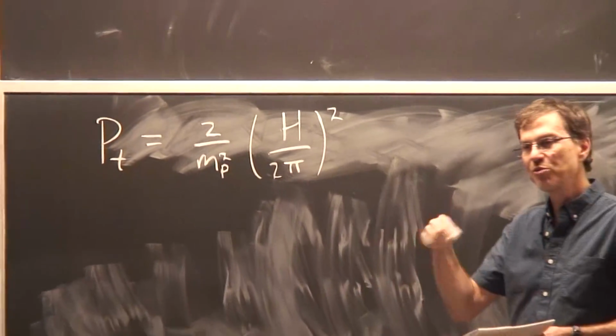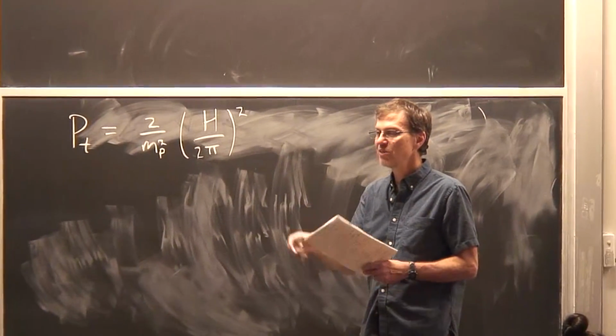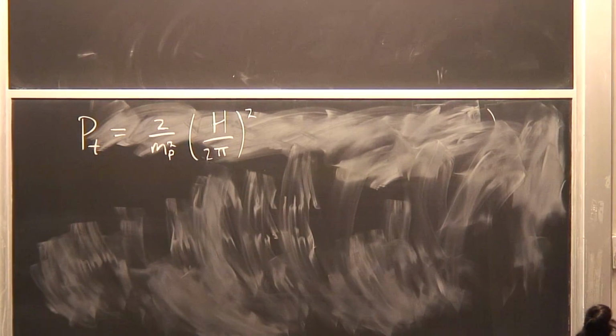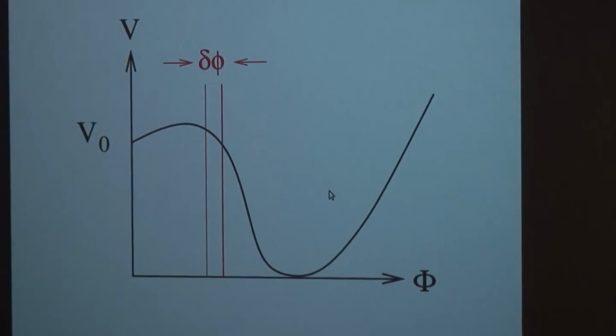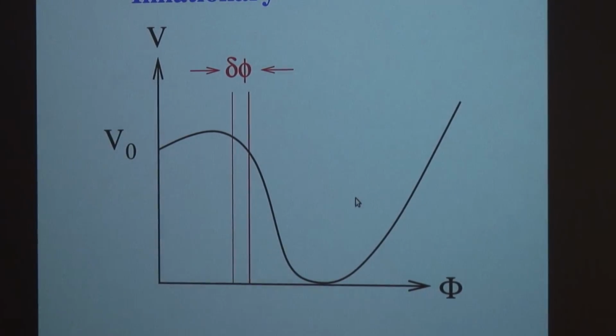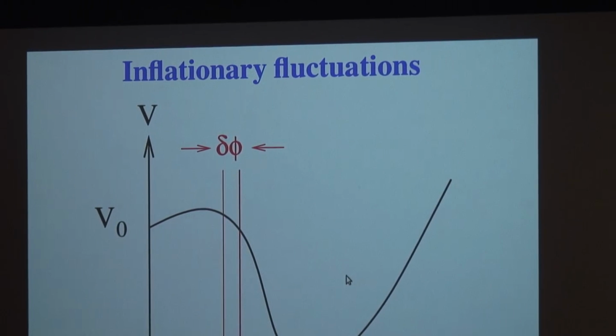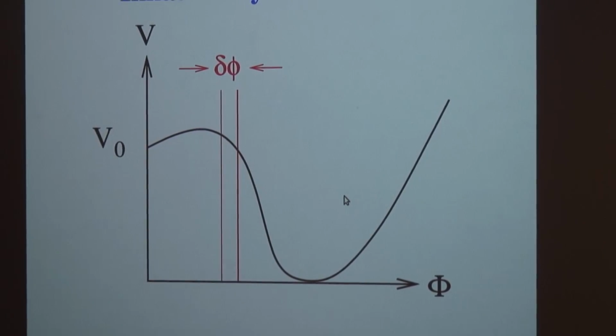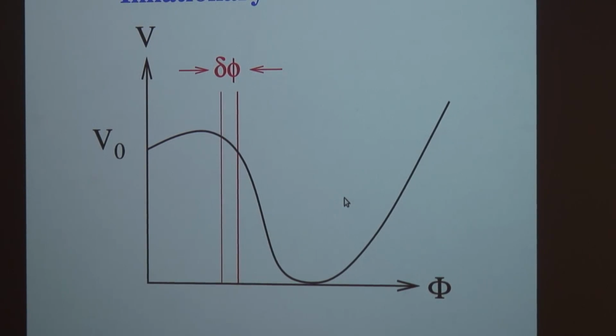And remember that 1 over epsilon was ultimately coming from this picture where different places were ending inflation at different times. That's not an issue for gravity waves.